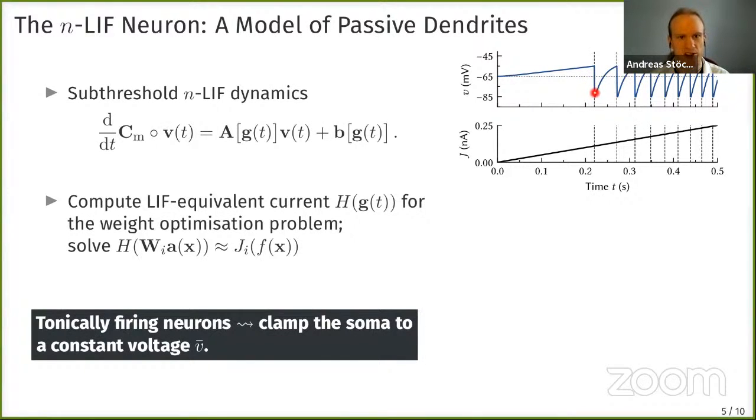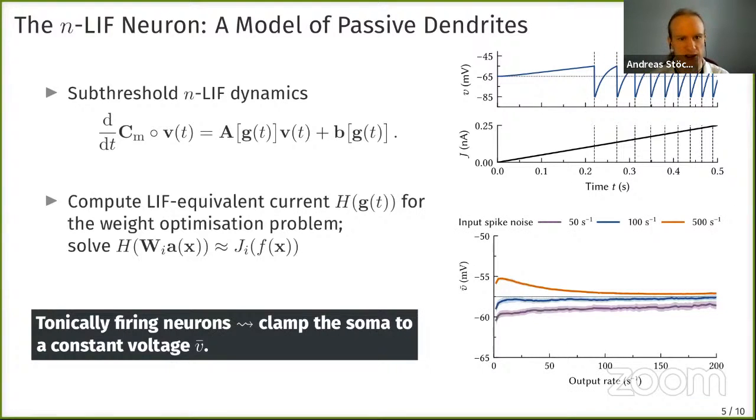And the voltage just oscillates between the reset and the threshold potential. And if we analyze this in a little bit more detail, then we'll find that over a wide range of output rates and a relatively wide range of noise on the input side, we get more or less constant membrane potentials. So this assumption might make sense. And if we make this assumption, then solving for h is relatively simple.